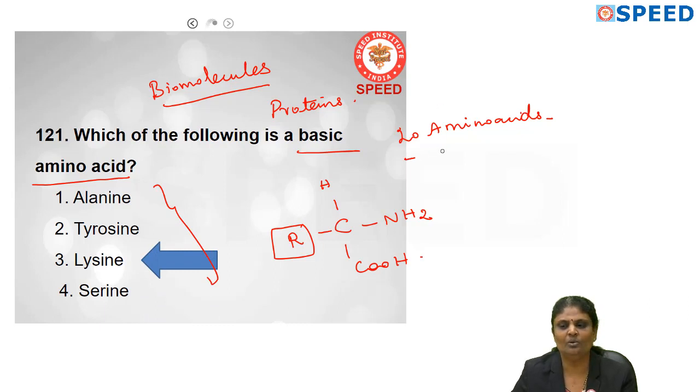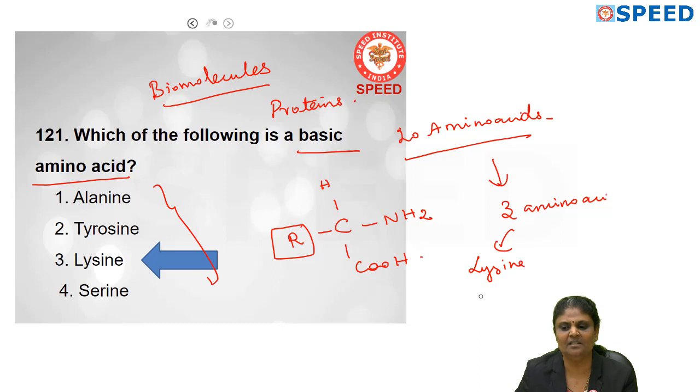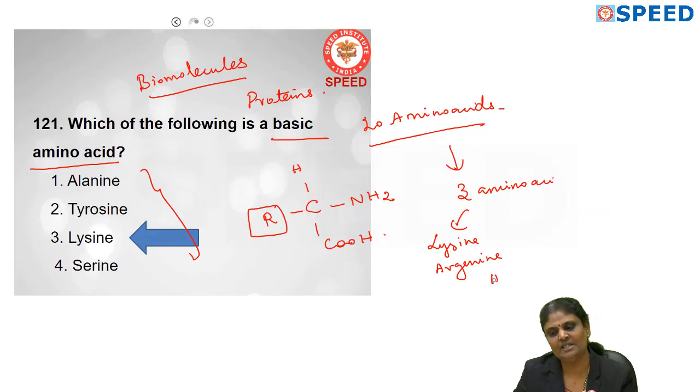Okay, so out of 20 amino acids, 3 amino acids are considered as basic amino acids. The first amino acid is lysine, another one is arginine and the next one is histidine.